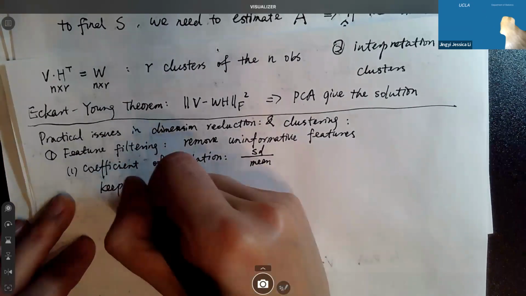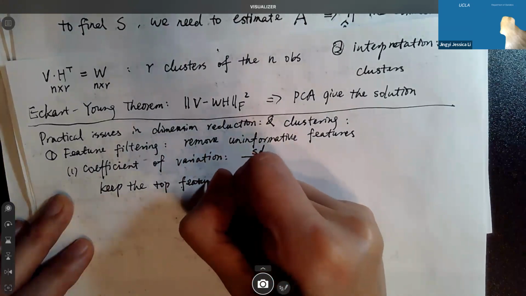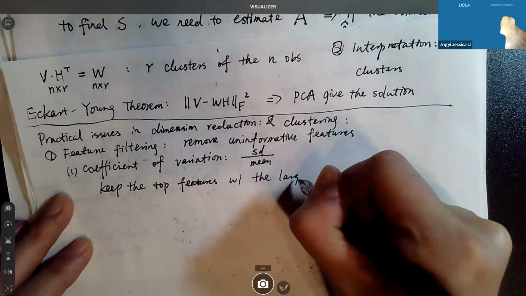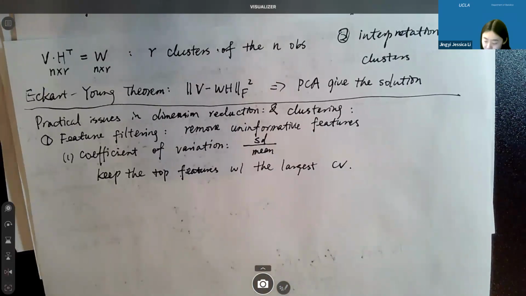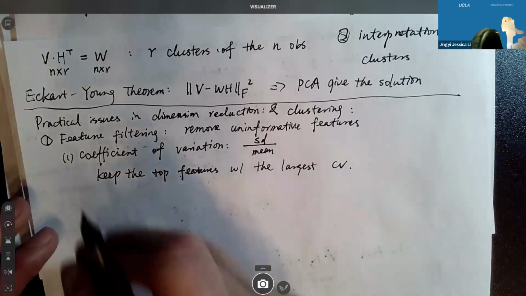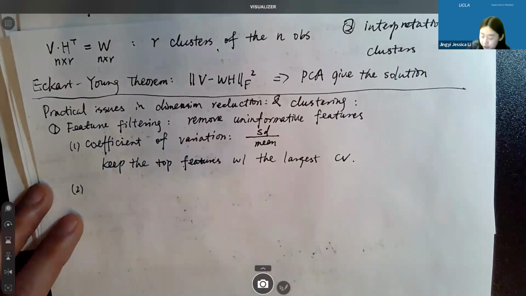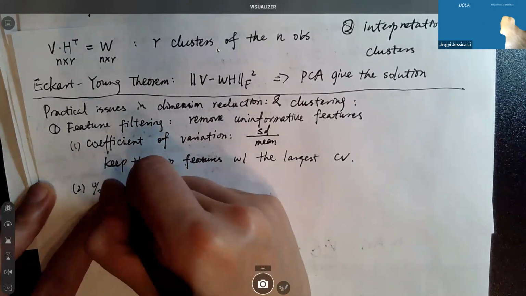Keep the top features with the largest CV. CV means coefficient of variation. That's one approach. And for single cell data, because it's super sparse, you may also consider the zero proportion, or I would say the proportion of non-zeros.